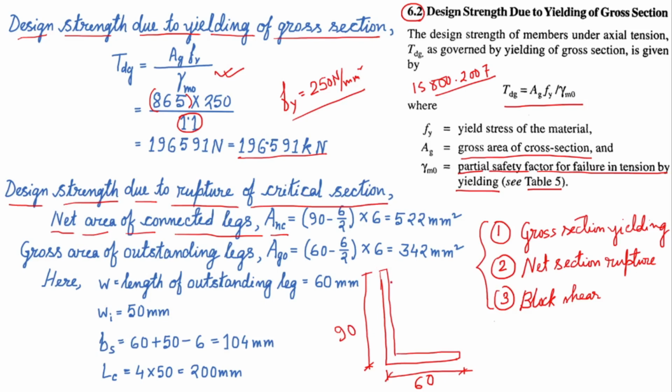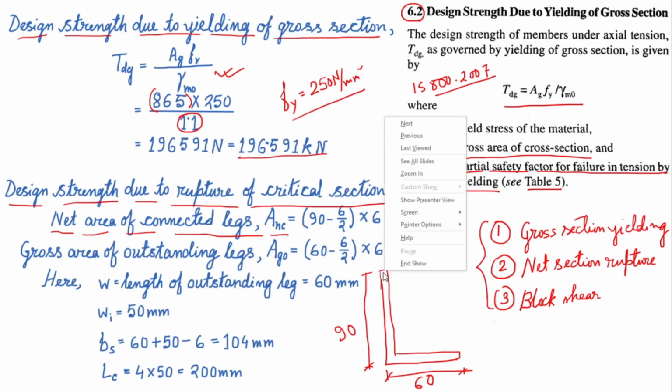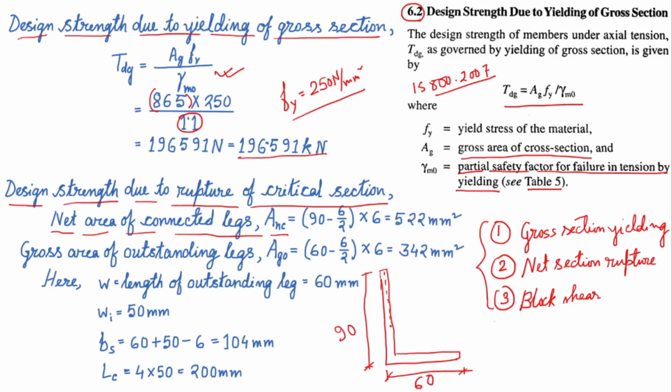For this connected leg, if I take the distance from the top up to here, what is the thickness? It is 6 mm is the thickness up to here. That means at a distance 3 mm from the bottom.